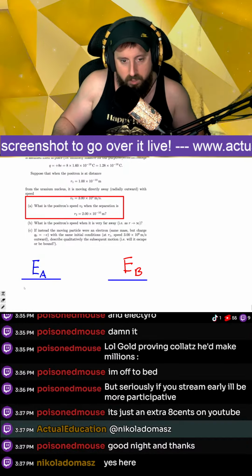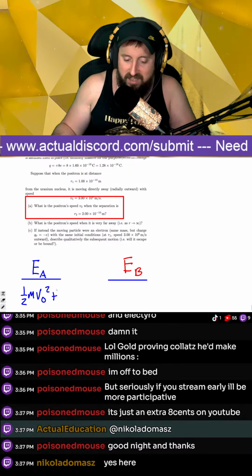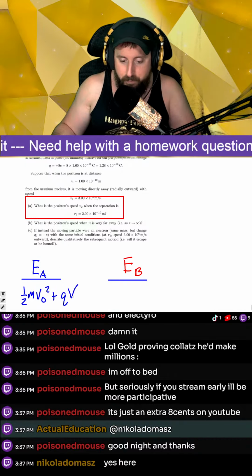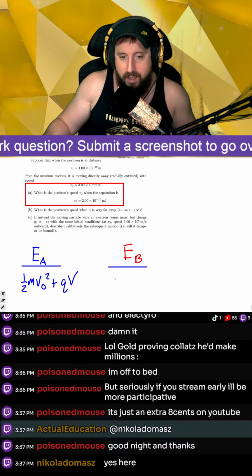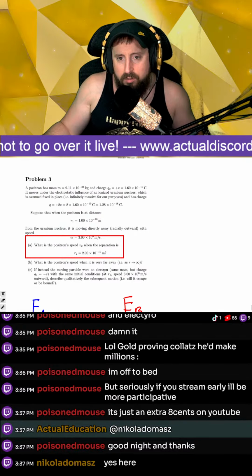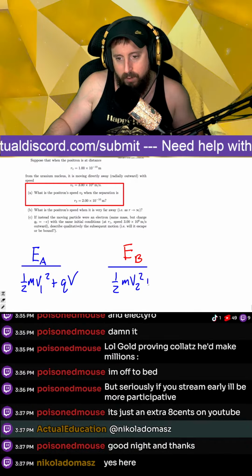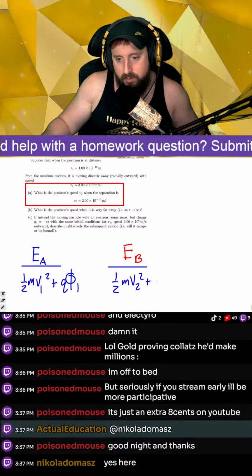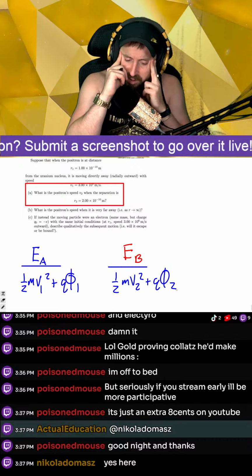Energy before is going to be equal to 1/2 m v0 squared plus the electric potential energy, which is going to be equal to QV, right? And then in E_B, we're going to have 1/2 m v1 squared. Okay, and they talk about 1 and 2, not 0 and 1. Okay, fine. So 1/2 m v1 squared, and this will be 1/2 m v2 squared plus Q, and let me use a potential. I'm going to say potential 1. I'm going to call this Q potential 2. And I have to remember the signs on this.